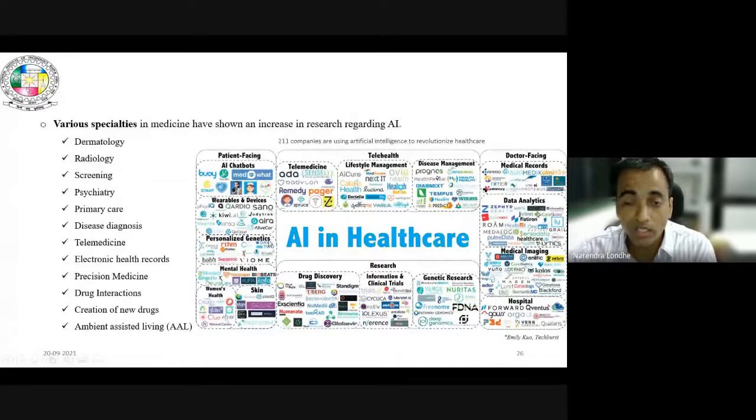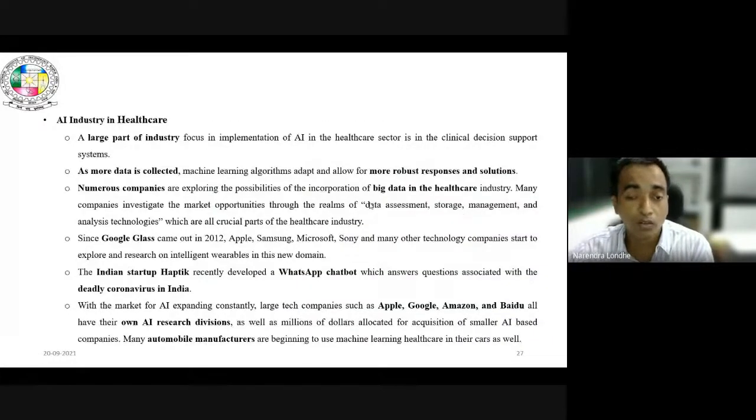We have captured the companies actively participating in these applications and placed them on this PPT. This is prepared by Tech Burst, and we have taken it with their permission. You can see a lot has been done in healthcare by using artificial intelligence.